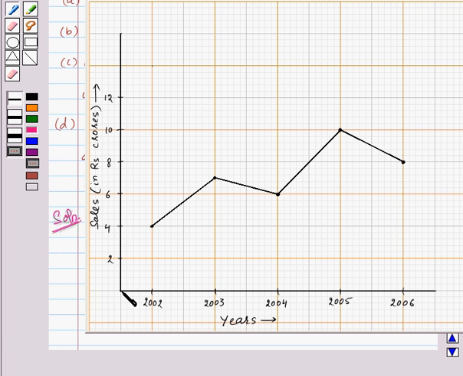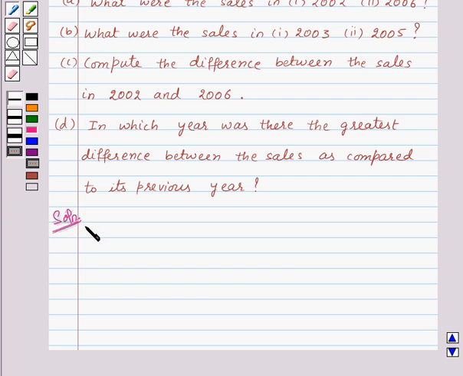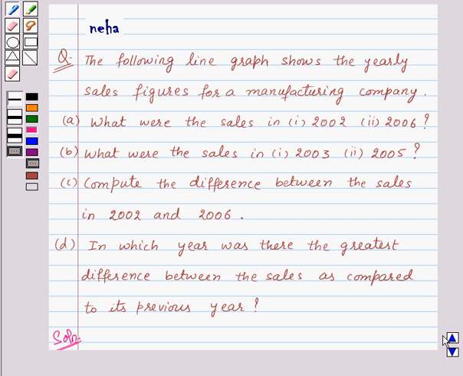In this question, we are given the graph, and from this graph, we need to answer the following questions. Here on the x-axis, we are given years from 2002 to 2006, and on the y-axis, we are given sales in rupees crores. So let's start from part A. In part A, we need to find out what were the sales in 2002.